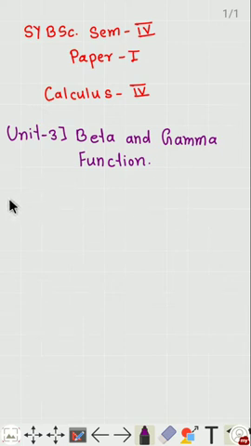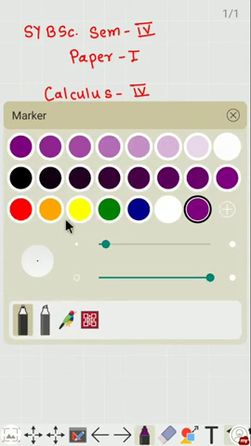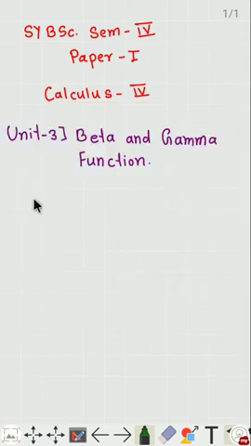Beta and gamma functions are also called beta integral or gamma integral. These two integrals are improper integrals, and the applications of beta and gamma integrals are in double integrals. While solving a double integral we use these beta and gamma integrals.